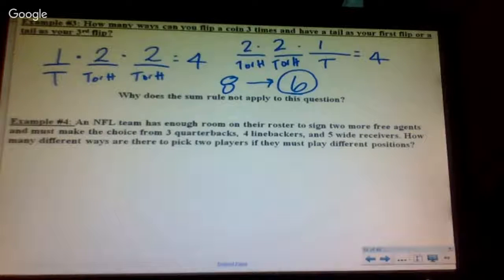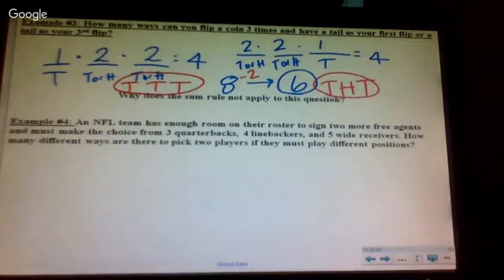Figure out why. There's a possibility that you got tails as your first and third. Good. So you could have something like tails, tails, tails. That satisfies this one and this one. So we've duplicated it. What else satisfies both that we've duplicated? Tails, heads, tails. So we had to subtract off the 2 that we've duplicated to get the answer here.